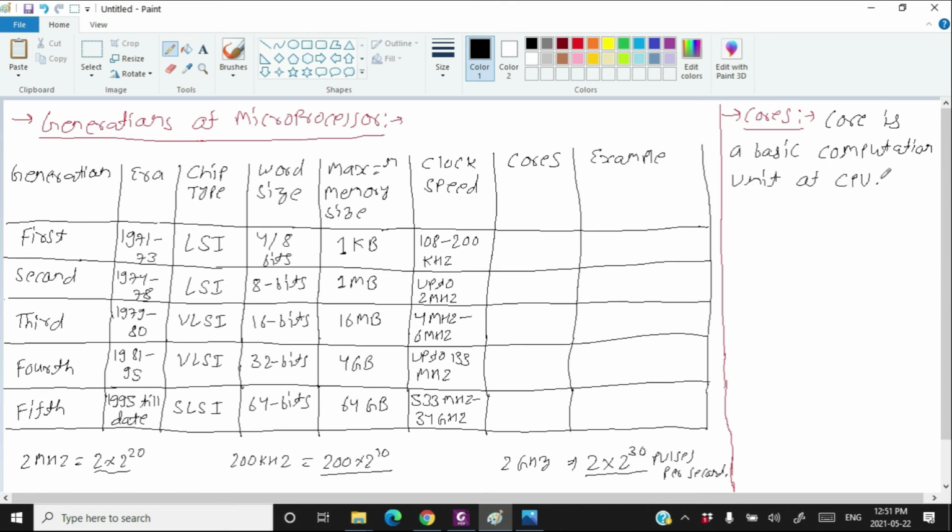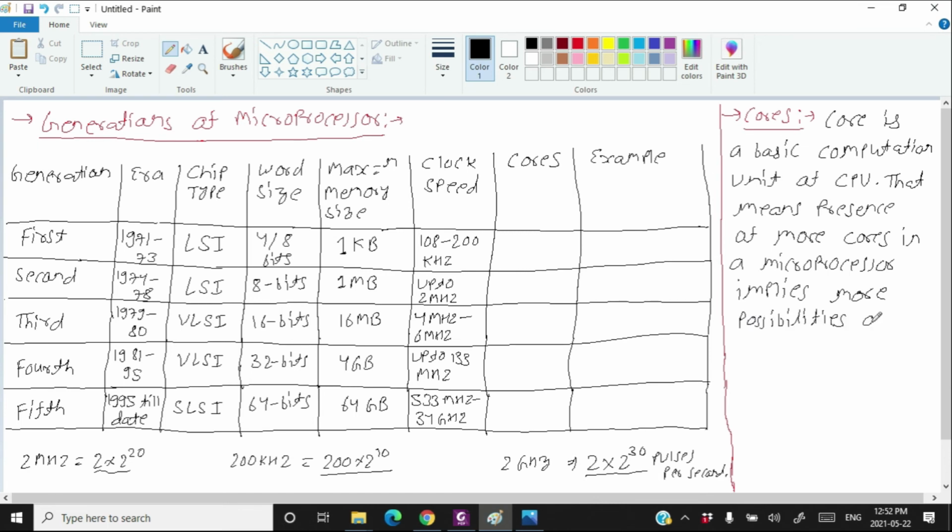That means the presence of more cores in a microprocessor implies more possibilities of parallel execution.